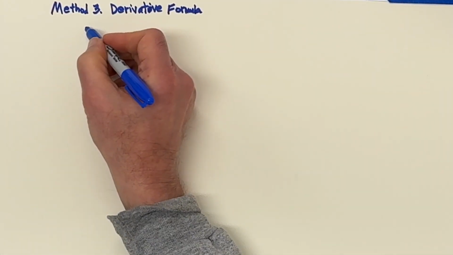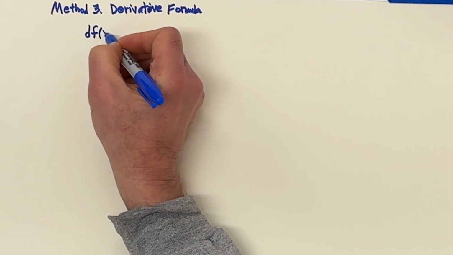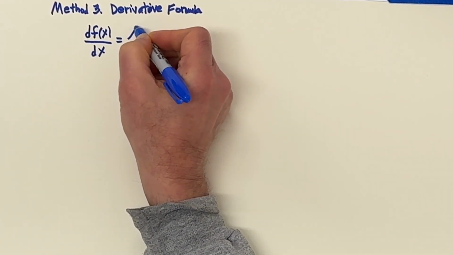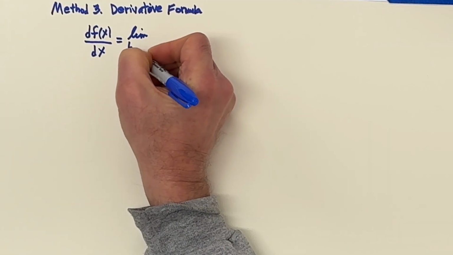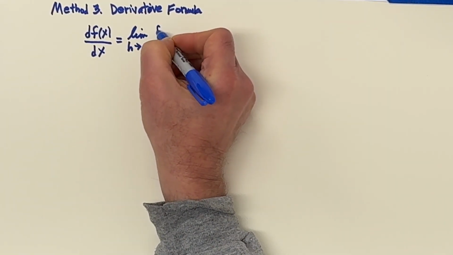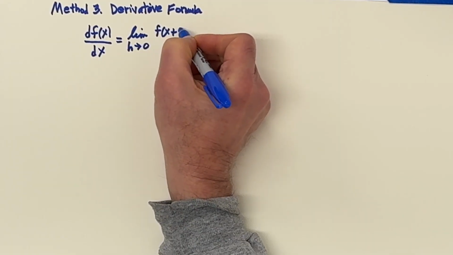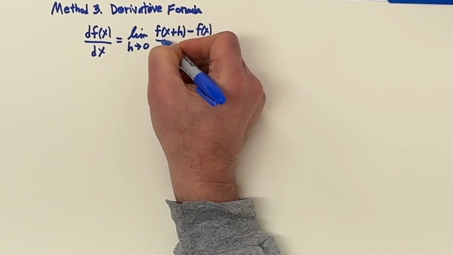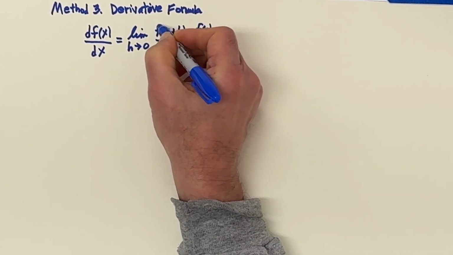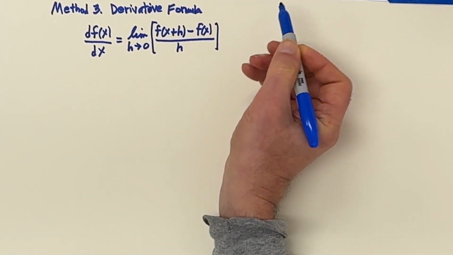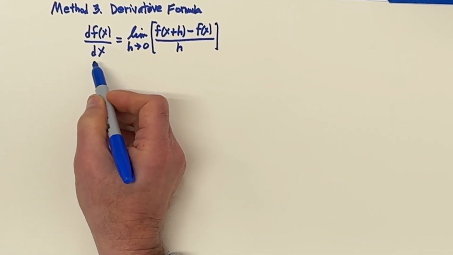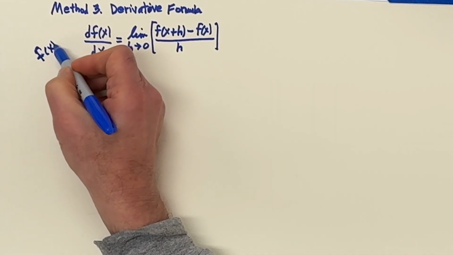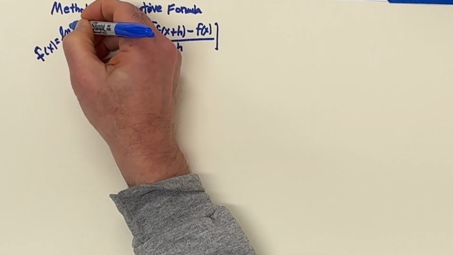So for the derivative formula, we have the derivative of the function f of x is equal to the limit as h goes to 0 of the function at x plus h minus f of x, that's our rise, and over the run is h. So we're going to use this where the function f of x is equal to the natural log.